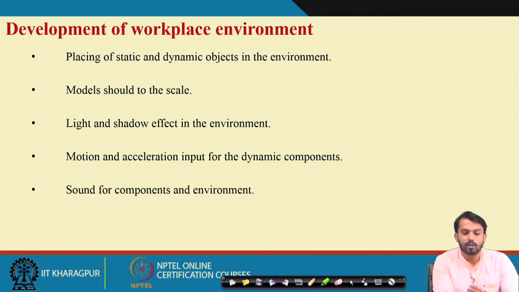By obtaining the layout of the workplace, you can achieve the placing of static and dynamic objects in the environment. Then the model should be properly scaled, and the light and shadow effects in that environment should be taken care of. Then motion and acceleration input for the dynamic components is very important, like the vehicles or the crane movements inside the environment. These dynamic components need motion and acceleration input, which you have to take care of.